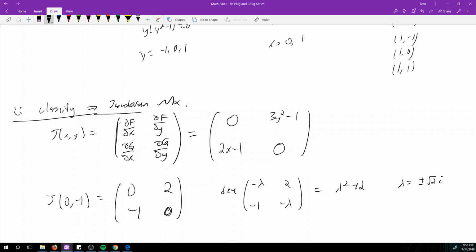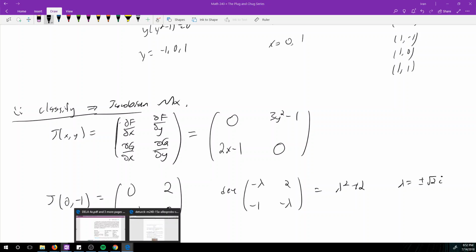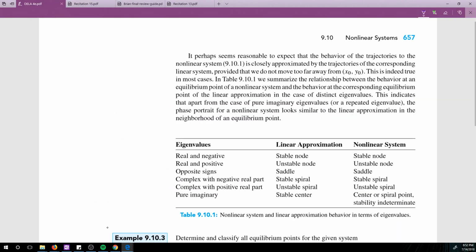Okay, and then what do I have? Then I need to go to my handy dandy textbook, and I have plus or minus root 2i. Okay, so it's purely imaginary, and so it's a center or a spiral point, stability indeterminate. Which one do I know? Generally speaking, you can just cite this. I actually have no idea how to distinguish them, and so we'll just say that this is a center or a spiral point.